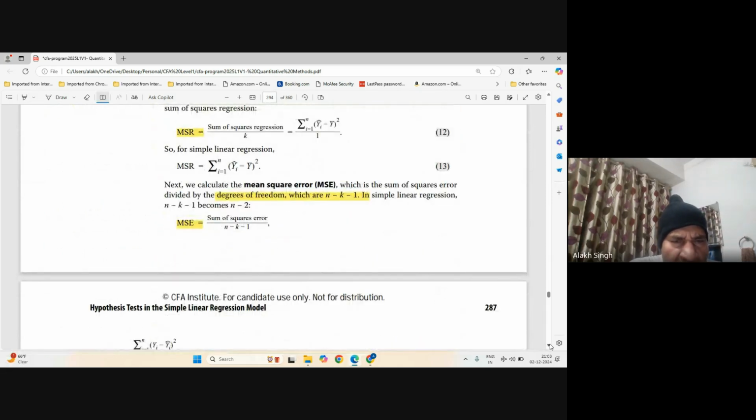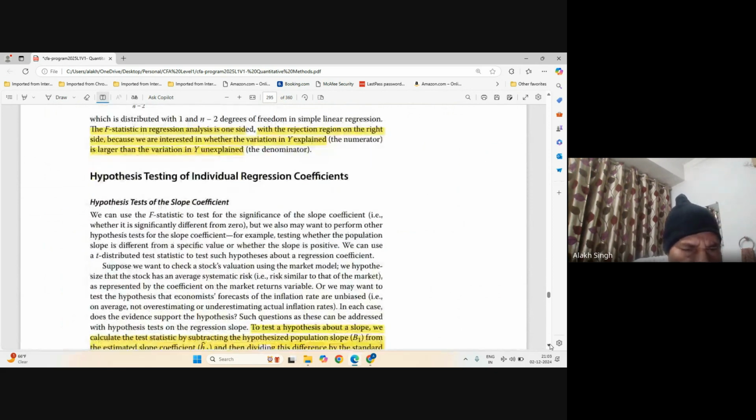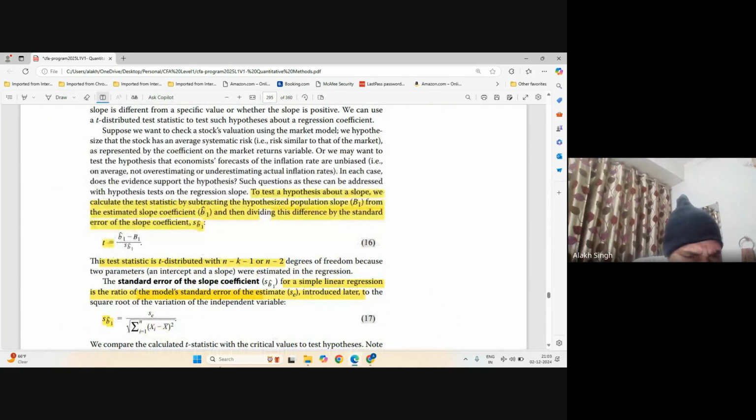So the F test tests the joint betas, and individual betas are tested by the T test. The T statistic is beta 1 hat minus B1 divided by SE of beta 1 hat.